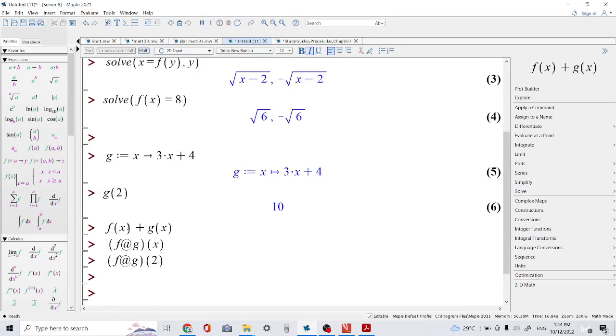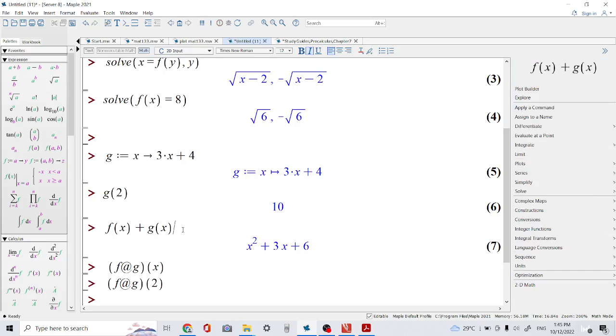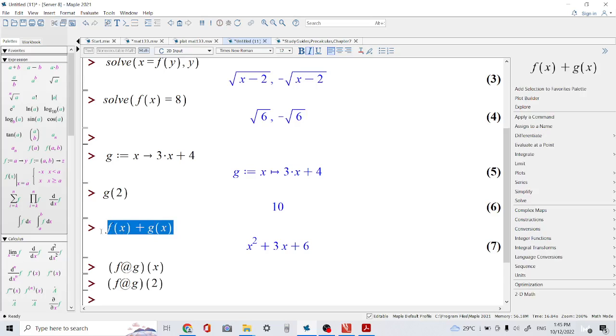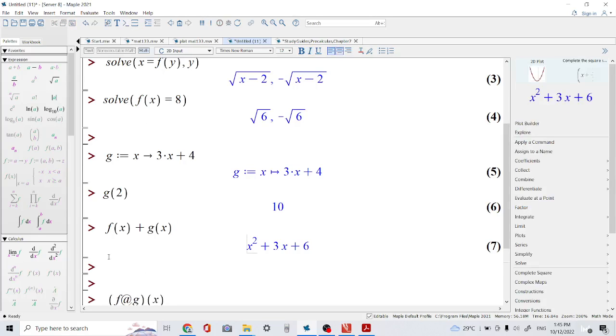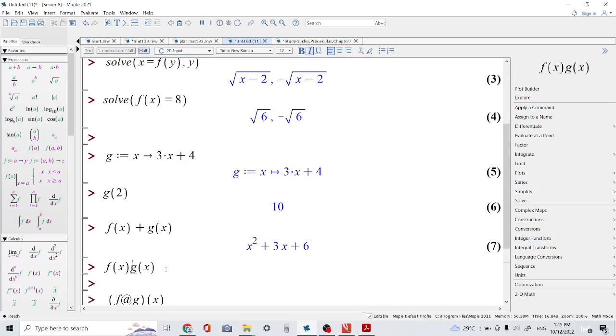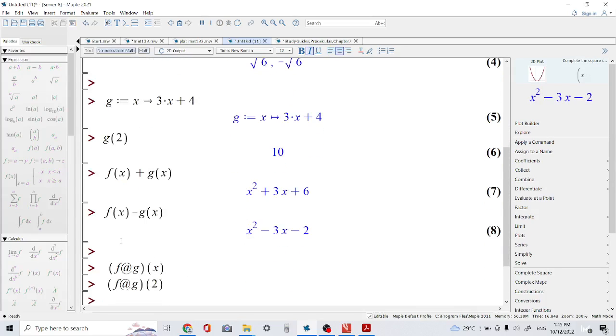If you want to carry out a combination of functions, f(x) plus g(x), you just type it, and Maple will give you the answer. Same thing if you want to calculate minus, also can. Just change this one into minus, so you will get the answer.